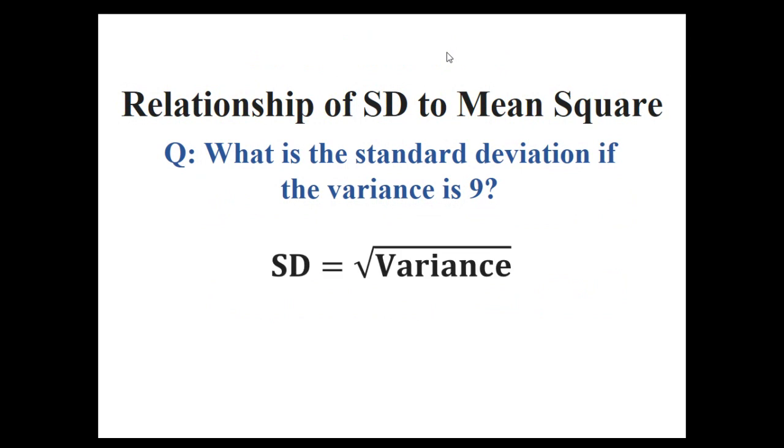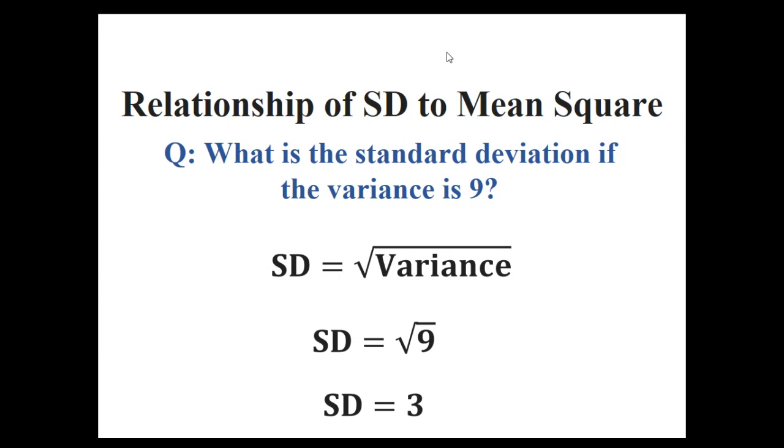We can use this equation, which I showed you a minute ago. It says that the standard deviation equals the square root of the variance. In this example, we're told that the variance is 9. So we substitute 9 for the variance, and the SD is equal to the square root of 9. The square root of 9 is 3. So the standard deviation equals 3. And this is the solution.